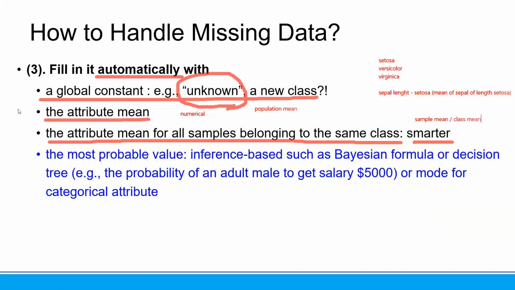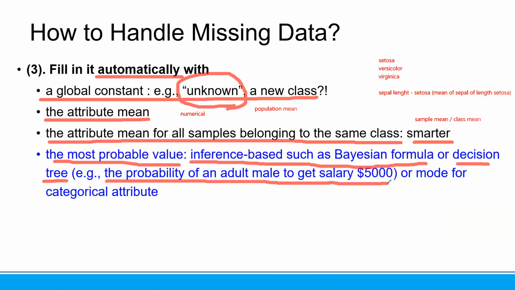Or we can check the most probable value. We can use some formula like Bayesian formula or some probability with decision tree. For example, the probability of an adult male to get salary 5,000 US dollars. Or maybe we can use mode for categorical attribute.